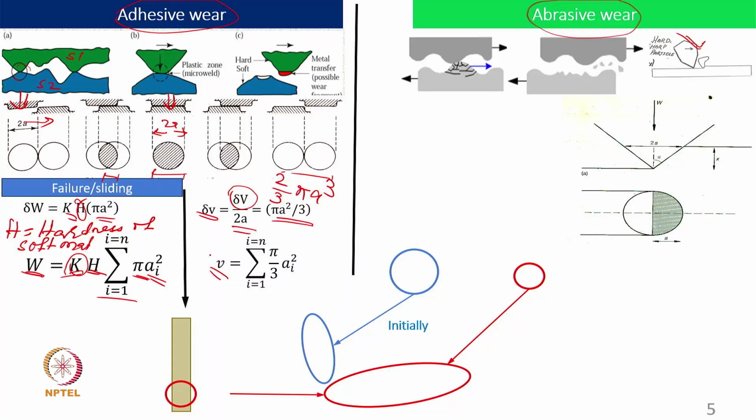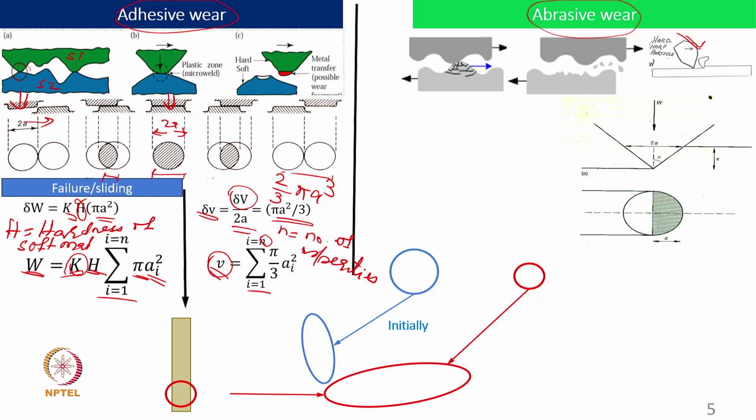Now if we integrate for all asperities from i equal to 1 to n, where n is the number of asperities, this can be given. Now one good point is that we do not know n, we do not know a_i, but in both expressions, in here V and here the W expression, pi a_i square is coming, and the same summation i equal to 1 to n.